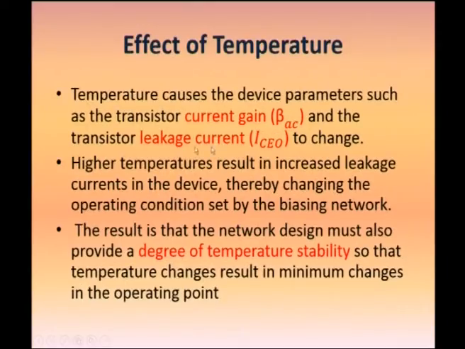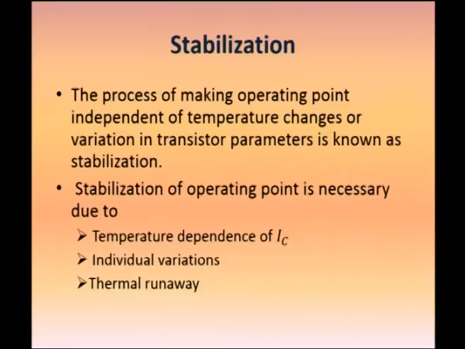The current gain and the leakage current depend on the temperature. If the temperature changes, then these two factors will increase, and a higher temperature results in increased leakage current. So, we must have a temperature stability network with the transistor to have a fixed operating point, or minimum change in the operating point.